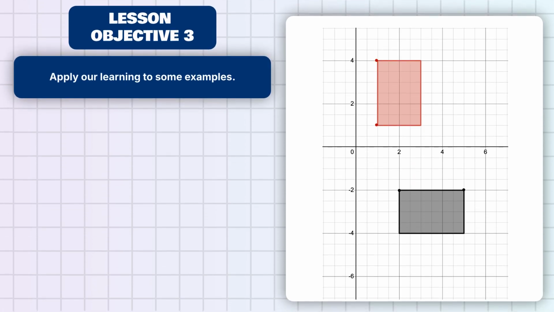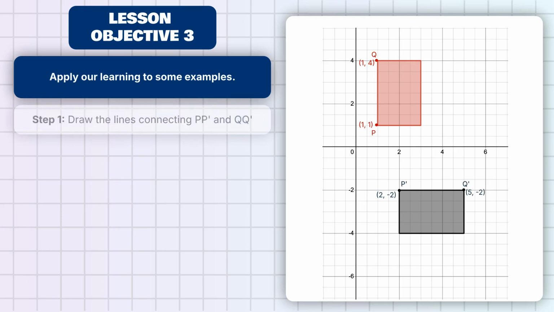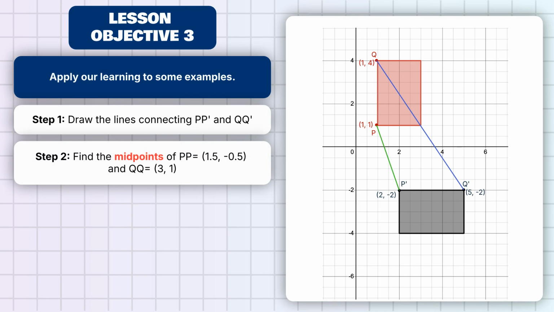To reinforce this method, let's consider another practice problem. Given a rectangle with points P (1, 1) and P prime (2, -2), Q (1, 4) and Q prime (5, -2), draw lines connecting P P prime and Q Q prime. Find the midpoints of P P prime, which is (1.5, -0.5), and the midpoint of Q Q prime, which is (3, 1).